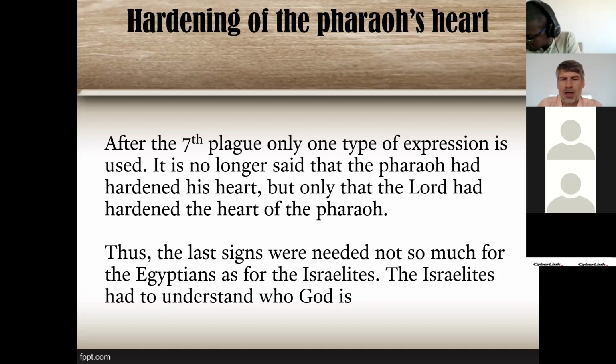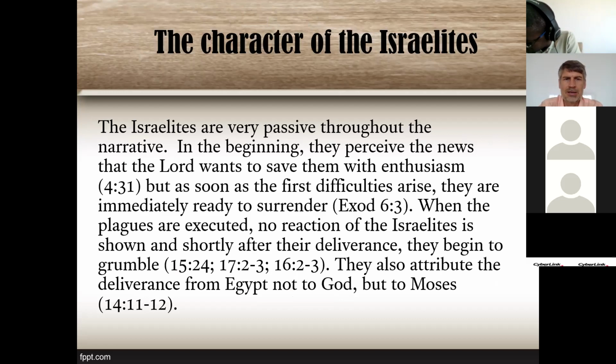So it looks like for the Egyptians, 7 plagues were enough to understand who God is. But for the Israelites, even 10 plagues were not enough. And for the last 3 plagues, God hardened the heart of Pharaoh. But anyway, I believe that his confession was just very artificial.